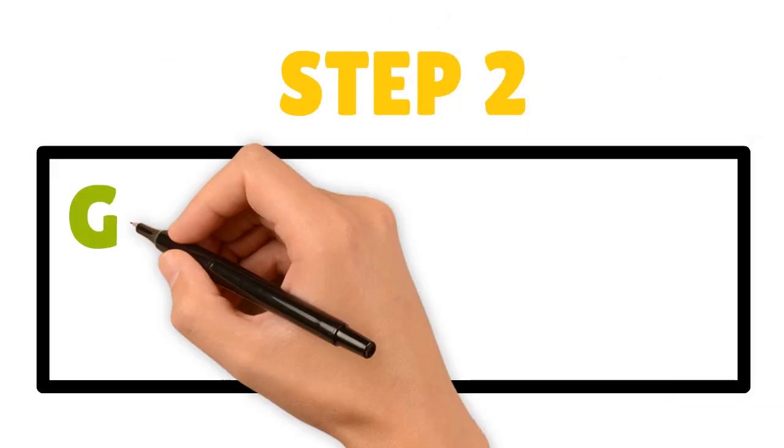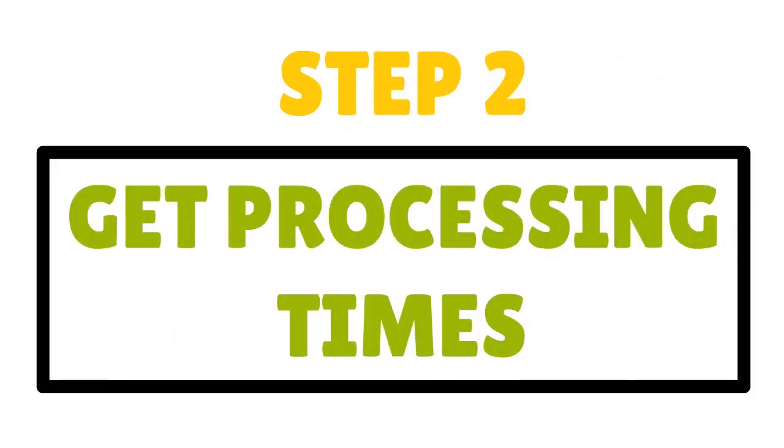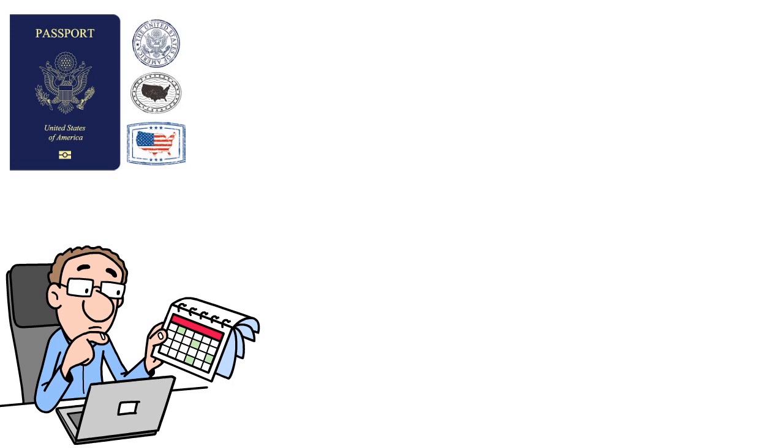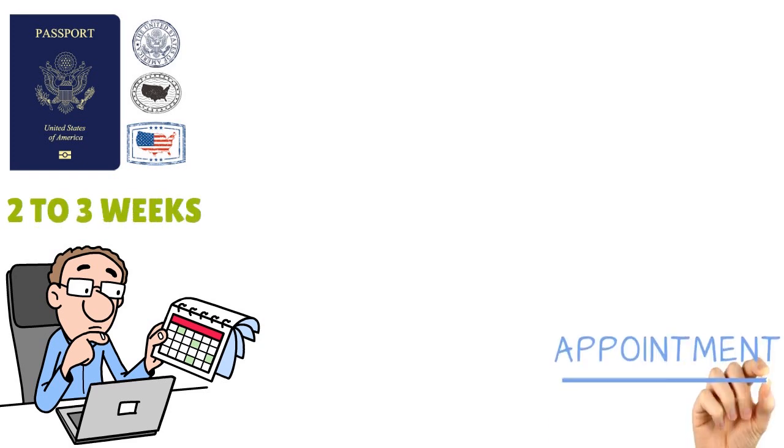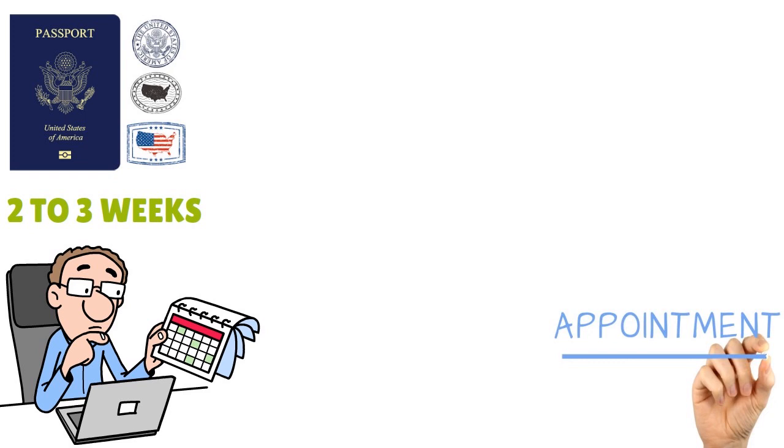Next, you want to get processing times. That's important. When it comes to a U.S. passport, the processing time is usually 4 to 6 weeks, okay? Now, if you want expedited, you might have to pay for it, but the expedited process will take 2 to 3 weeks. And if it's really urgent, if you need a U.S. passport urgently, you must make an appointment and have international travel within 14 calendar days, okay?